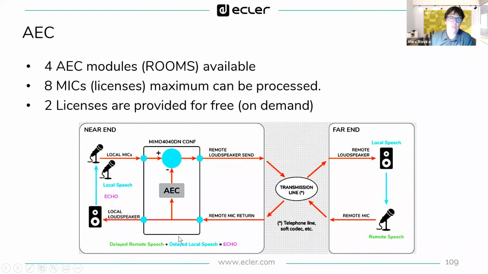So this is processed in the MIMO 4040 CDN and sent onto the transmission line, which can be a telephone line, a soft codec like what we are doing, like Zoom or Teams, or whatever we have.